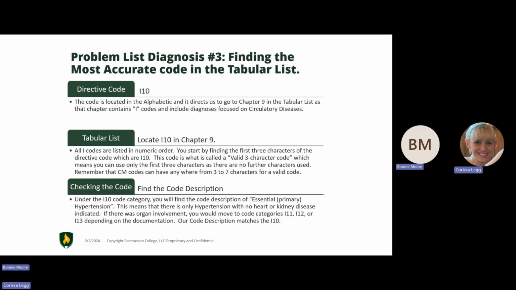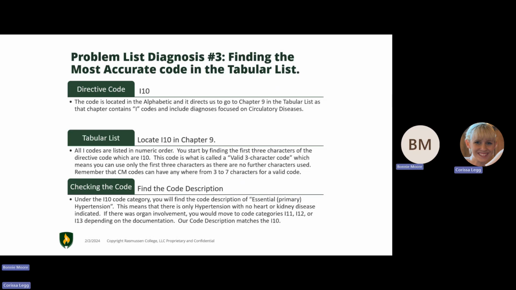Or if you are having to code hypertension with heart disease and you use I-10, then you're undercoding. That's why you really have to watch the problem list documentation.